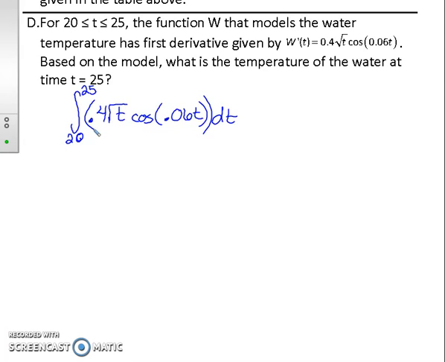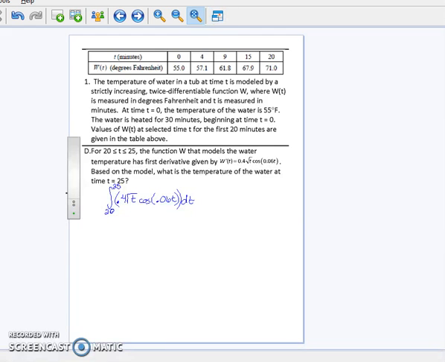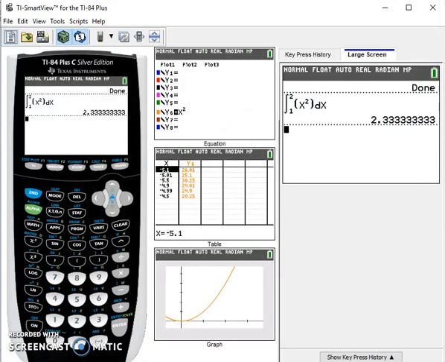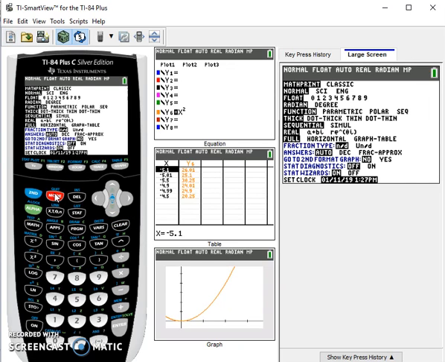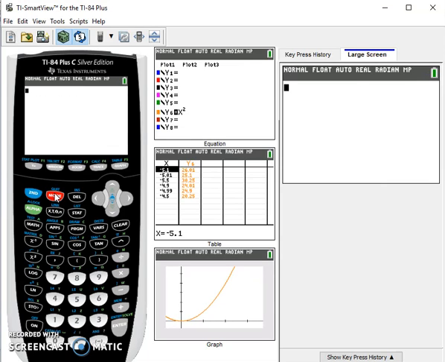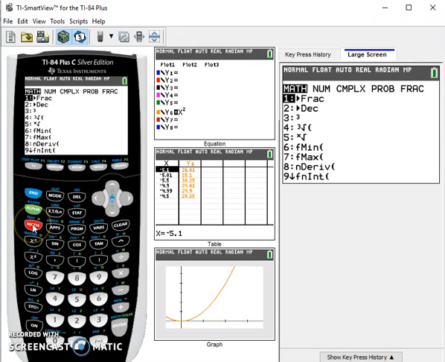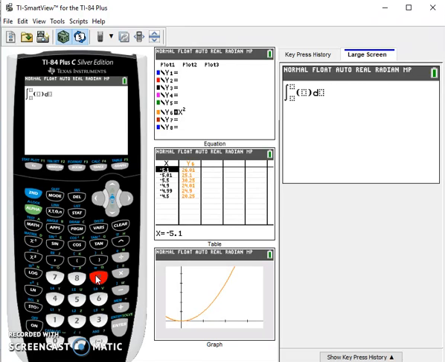Now, I'm going to pull up my calculator real quick and type that in because some of you had that written correctly on your paper, but for some reason your answer did not come out correctly. First thing you want to do is make sure that you're in radians because there is a cosine in that function. If you're not in radians, it's going to mess you up. That may be some of your issue. Then we're going to do math 9.